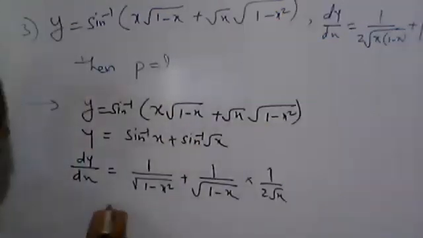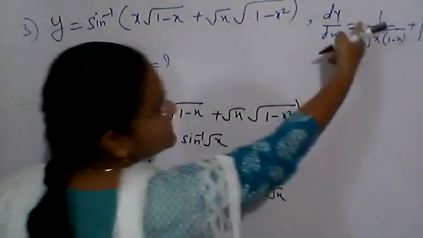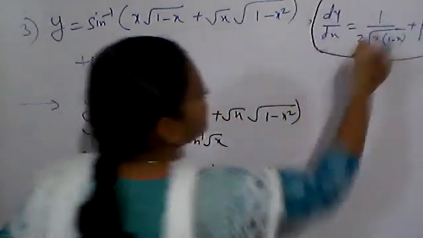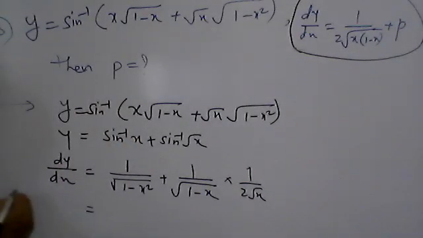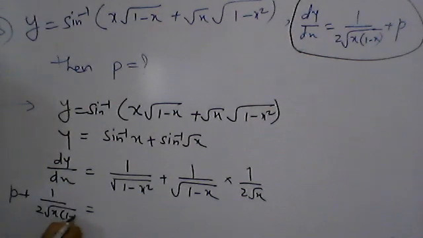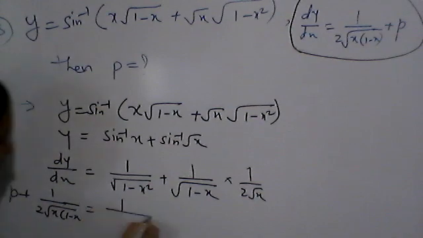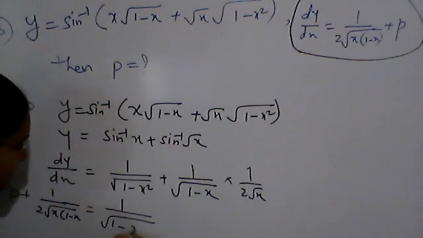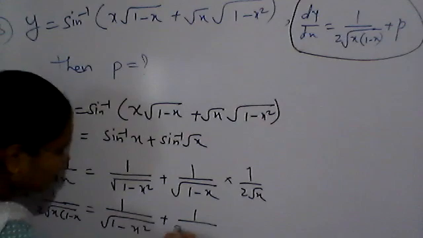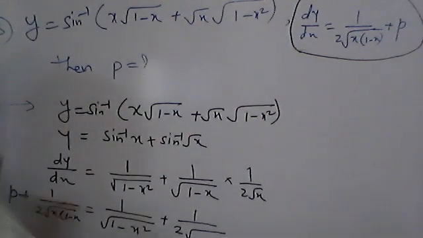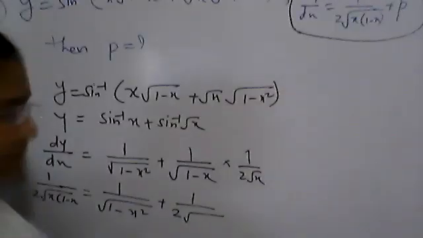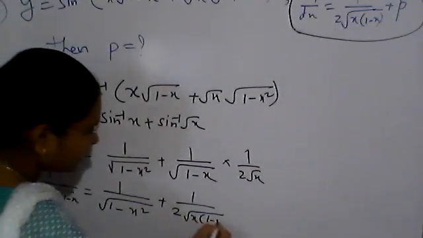Okay. So in the next step, can we put this dy by dx? It was given, so 1 upon this value can be put. So here we have dy by dx is p plus 1 upon 2 root x(1 minus x) equals 1 upon square root of 1 minus x square plus 1 upon 2 square root of x(1 minus x).